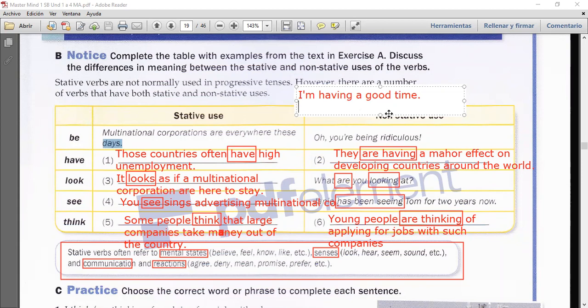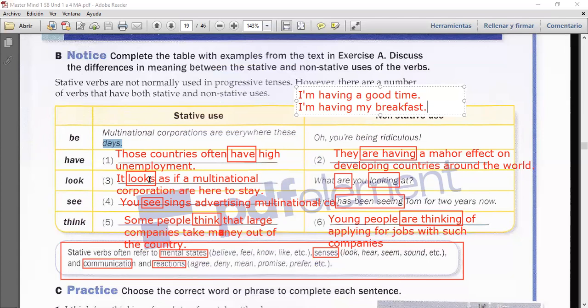I'm having my breakfast. Okay. Those are expressions. Okay, that works.